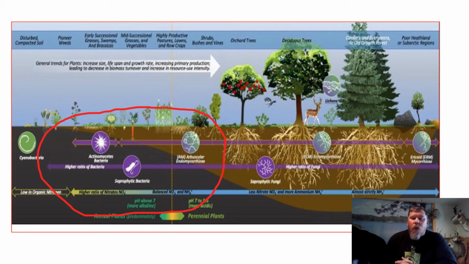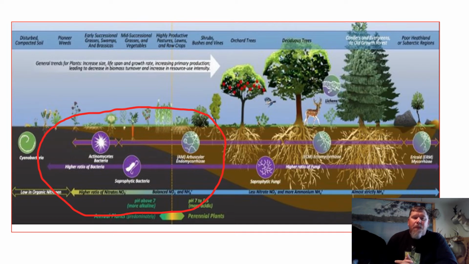If we would have a row crop, which is towards the higher end of this circled area on our successional plot, and we know that we have a close to 1-to-1 bacteria to fungal biomass, and we harvest that crop, and then we come through and we till that field, by our actions, we have taken that 1-to-1 and brought it all the way back to our heavily bacteria-laden soil.